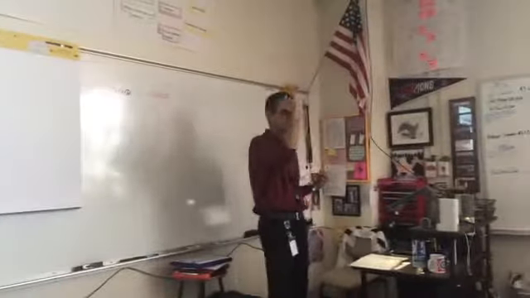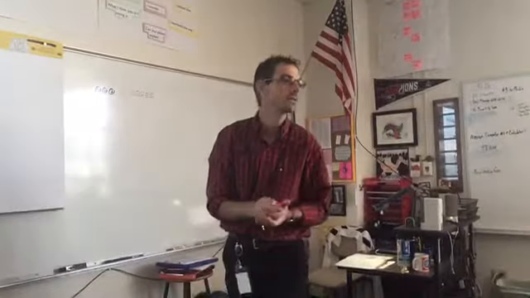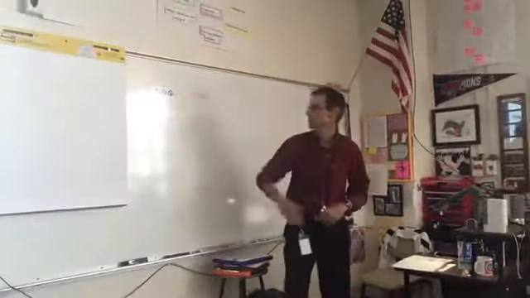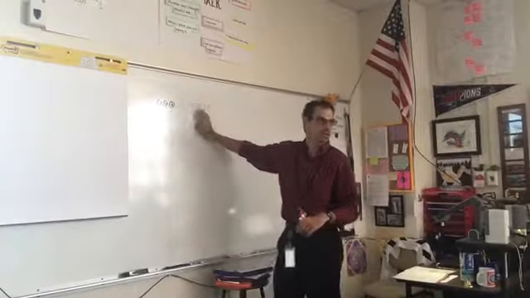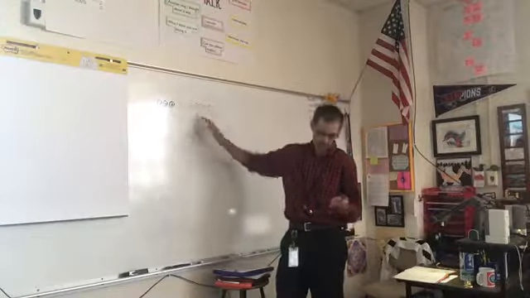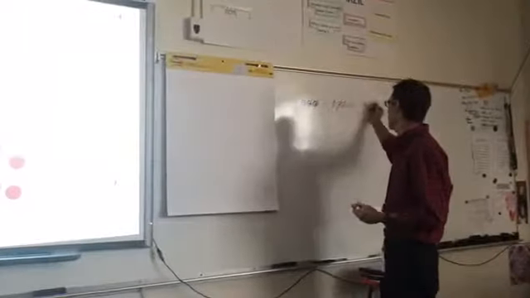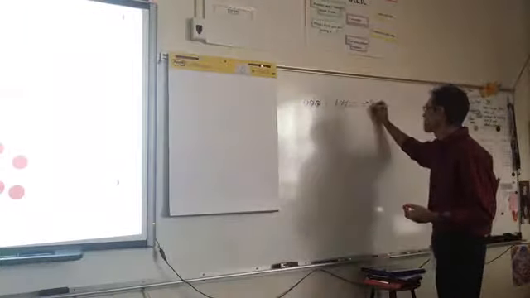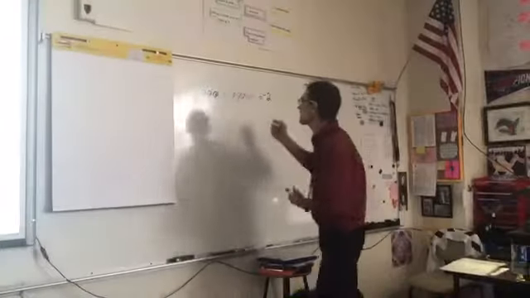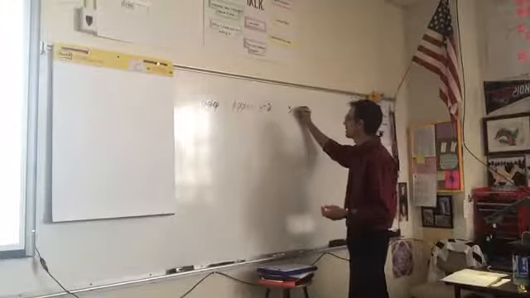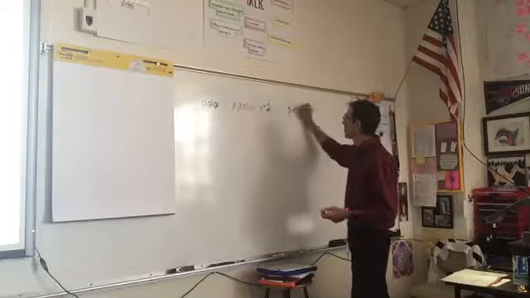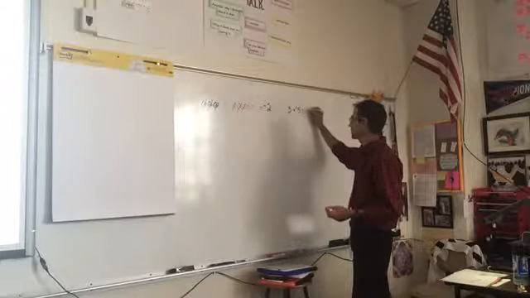What do opposites do to each other? Presley? They cancel each other out. So if I have 3 here, do I also have 3 over here? Yep. And so these cancel out. And then what am I left with? Negative 2. Okay. So my number sentence would look like 3 plus negative 5 equals negative 2.